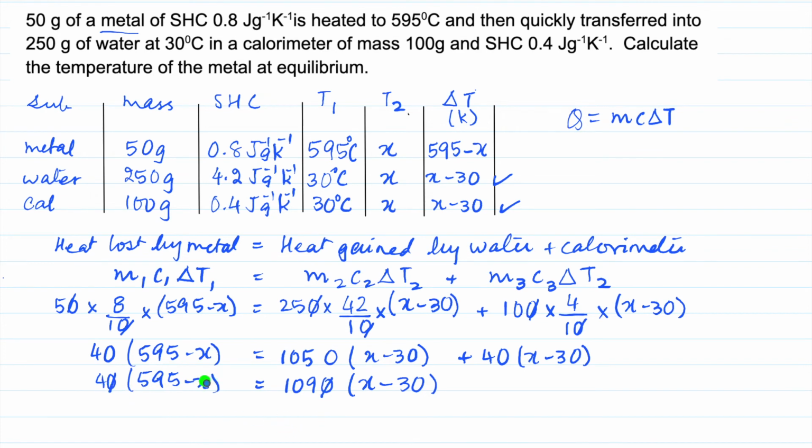So we can open the brackets now because we have to find the value of x, right? So 4 5s 20, carry 2, 4 9s 36, 38, carry 3, 4 5s 20, and 3 23. So 2380 minus 4x is equal to 109x minus, it is 3 9s 27, carry 2, so 3270, correct?